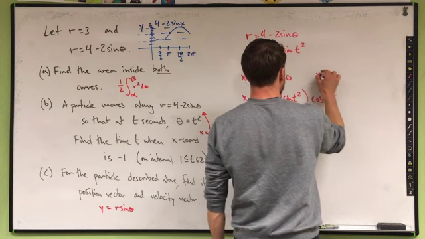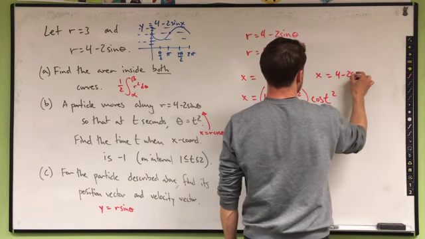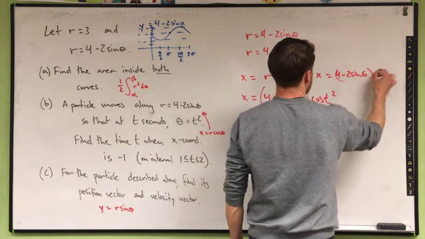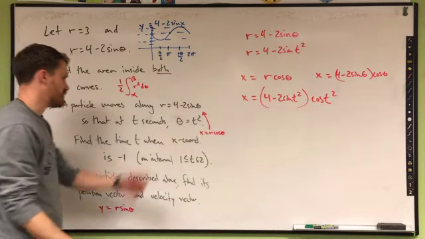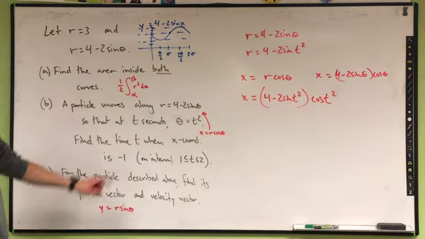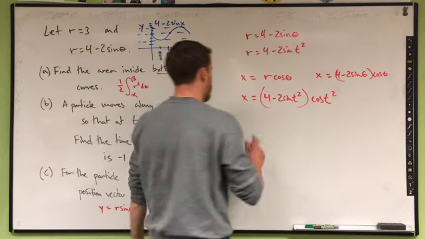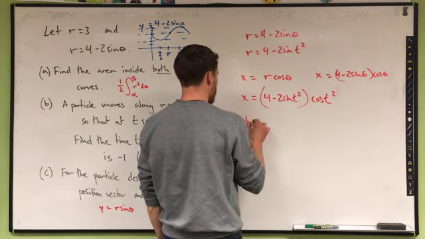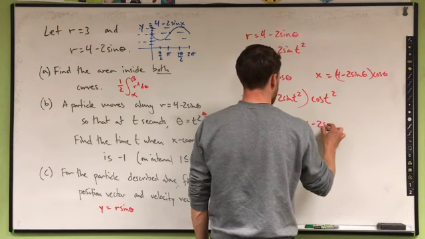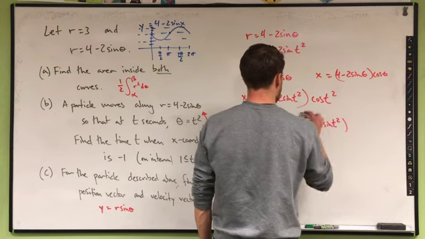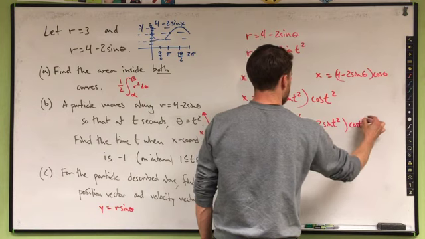My x-coordinate in terms of r would just be (4 minus 2 sine theta) times cosine theta, but I had to plug in t squared for theta because now I want it in terms of t. And they want to know when the x-coordinate is -1. Well, I would need to solve this on my calculator: -1 equals (4 minus 2 sine t squared) times cosine of t squared.